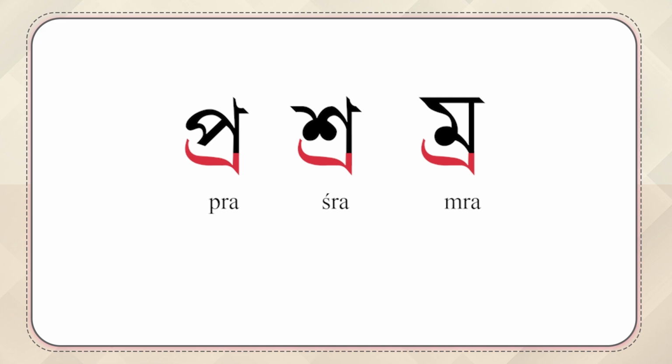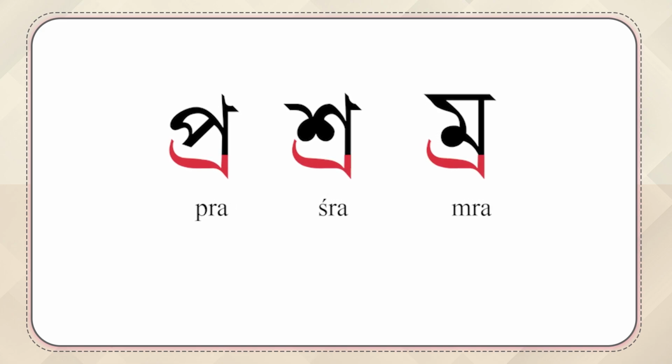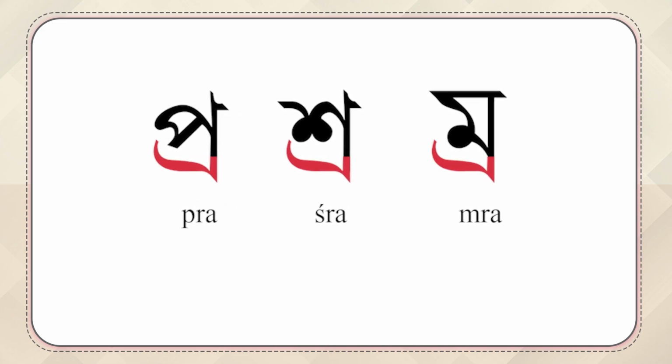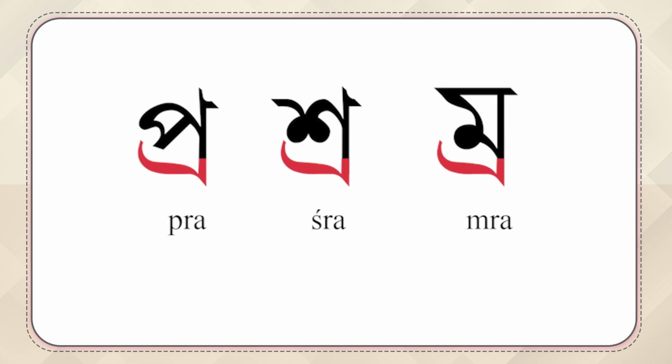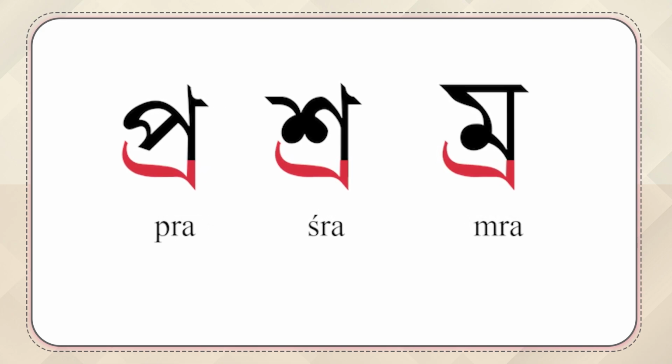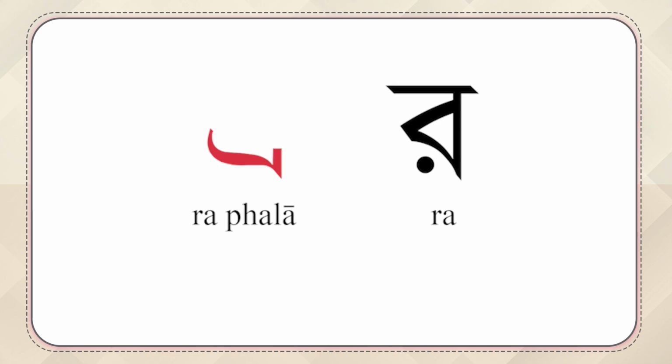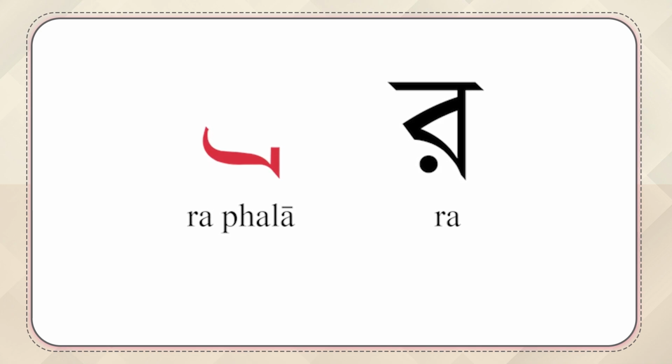In all the three cases, the ra phalā is attached below with pa, talabosha, and mo to form the desired cluster. The shape of ra phalā is different from the corresponding alphabet ra.